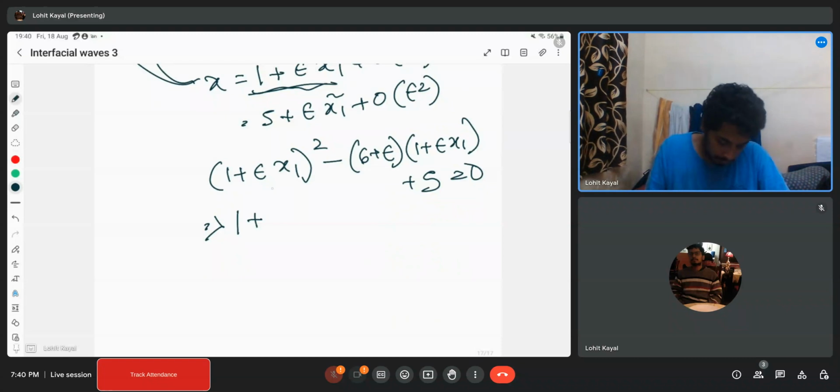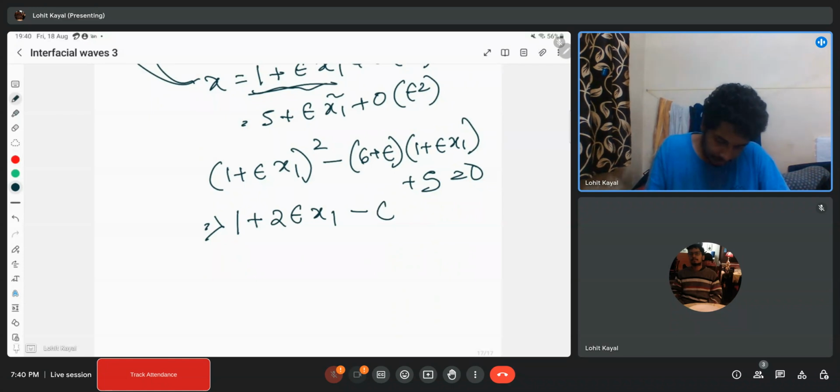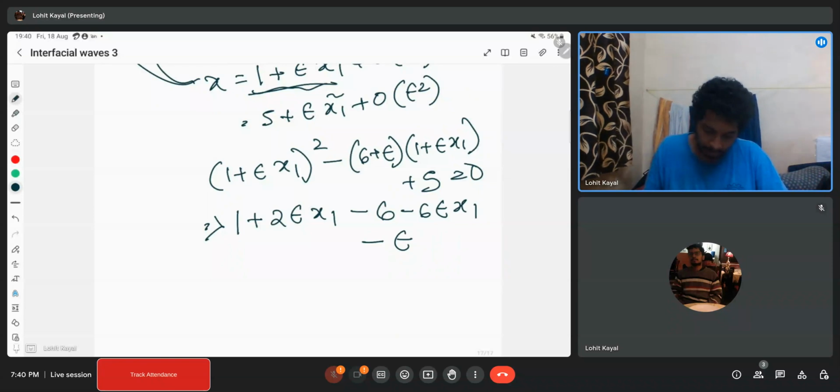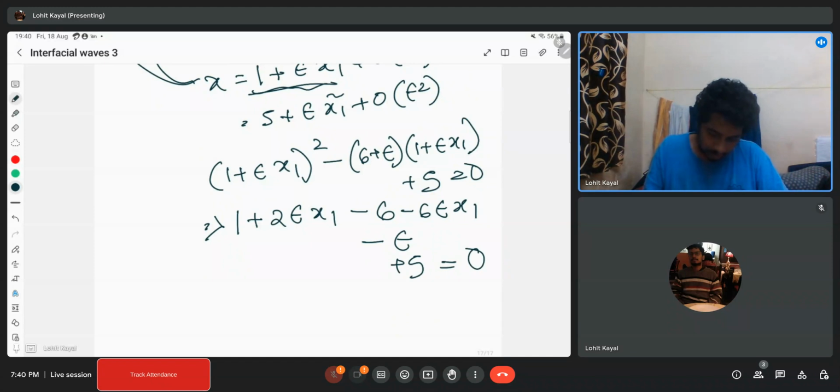So 1 plus 2 epsilon x1 minus 6 minus 6 epsilon x1 minus epsilon plus 5 equal to 0.